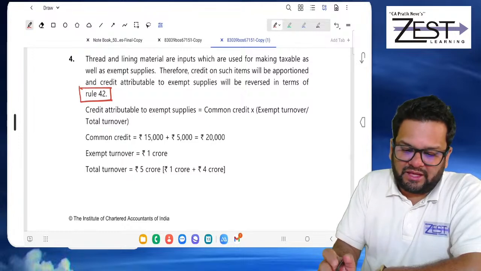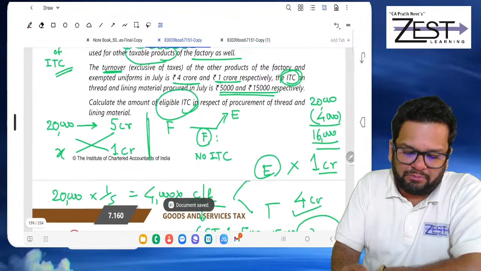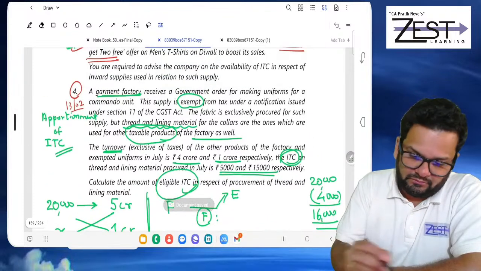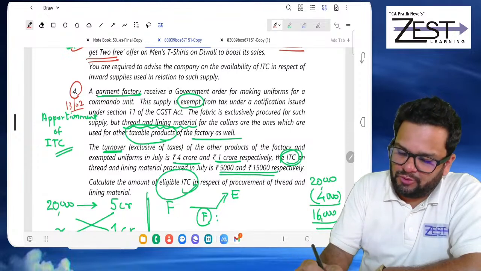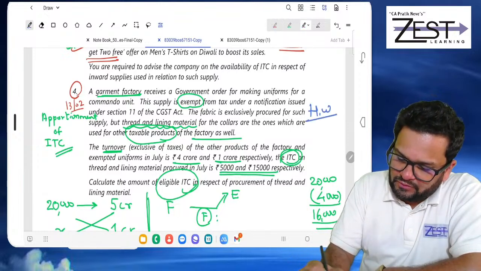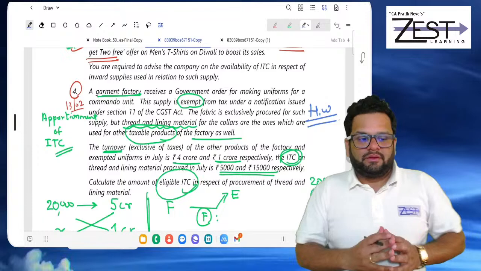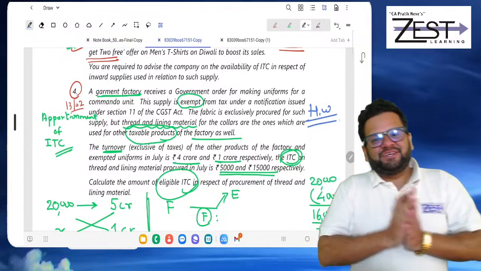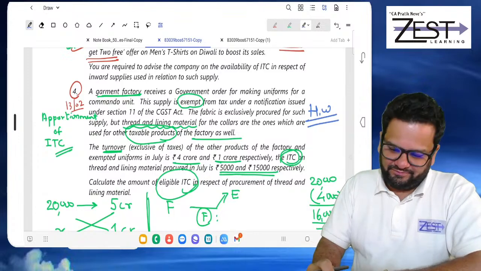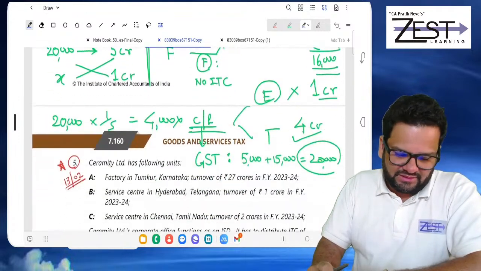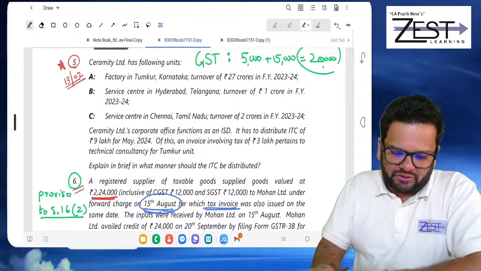So friends, can I give it to you as compulsory homework? Yes or no? Today some of the questions will be homework for you. Is it clear? Shall we go ahead? Yes sir. Go to fifth question now.